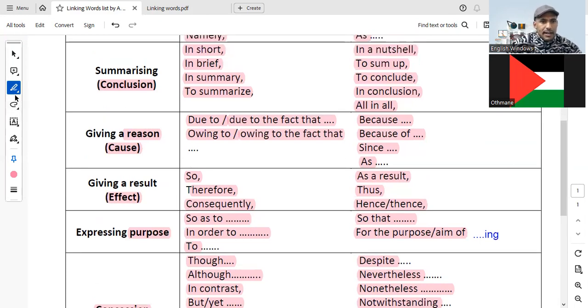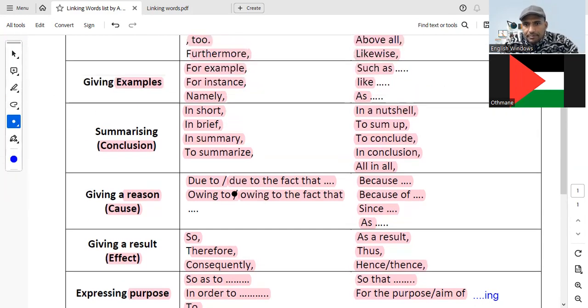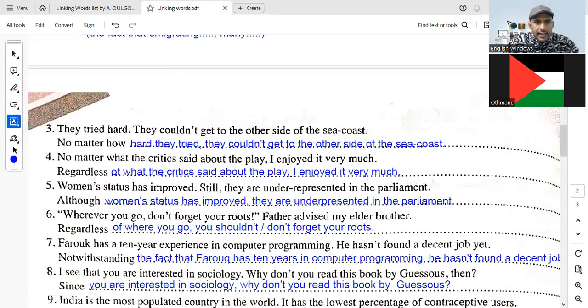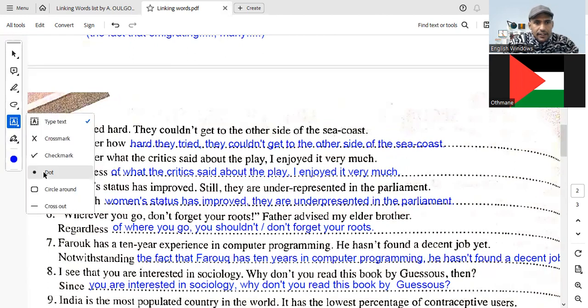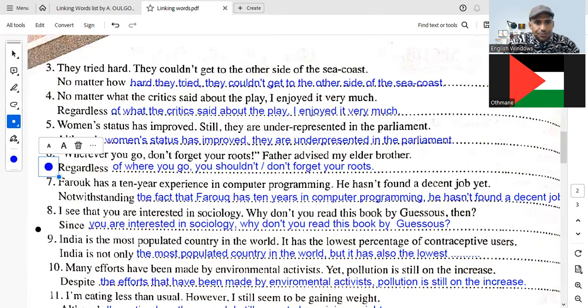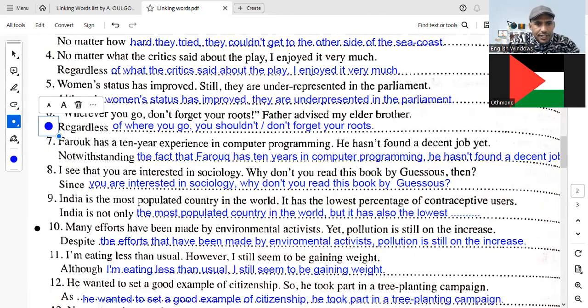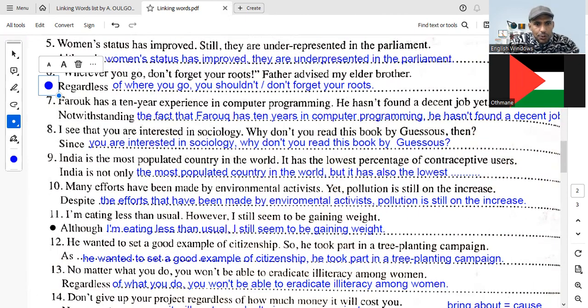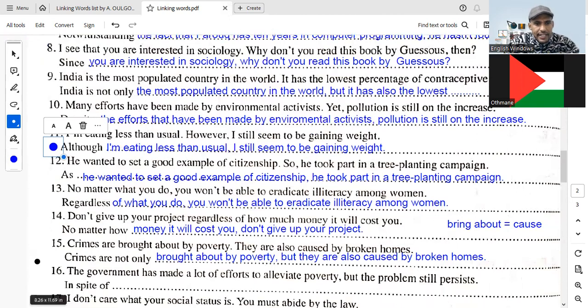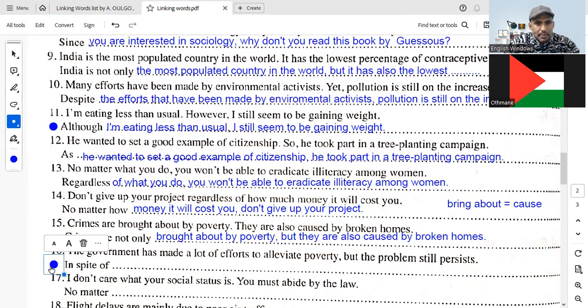Let's take some examples, and use them in a sentence. Let's take the word regardless of, and another one will be although, and the last one is in spite of.